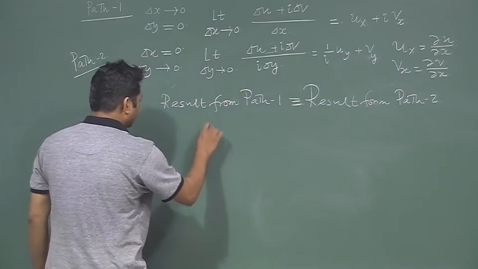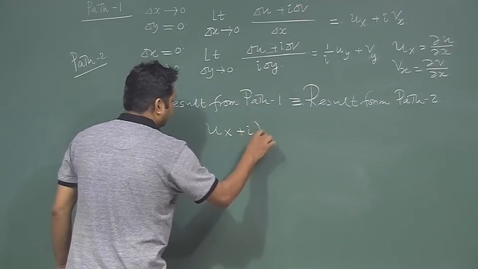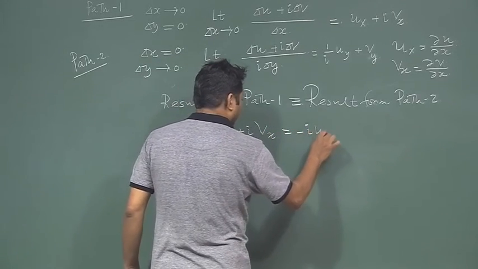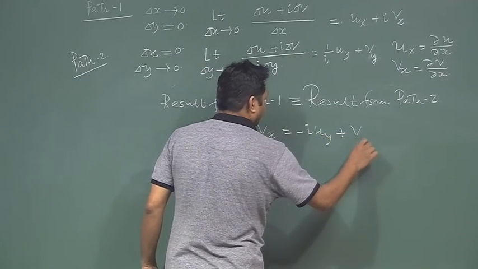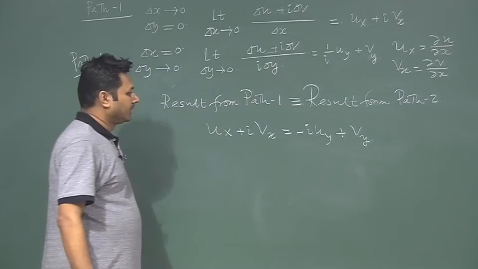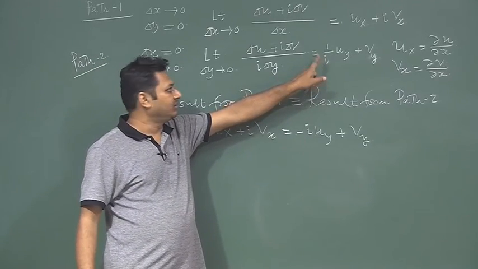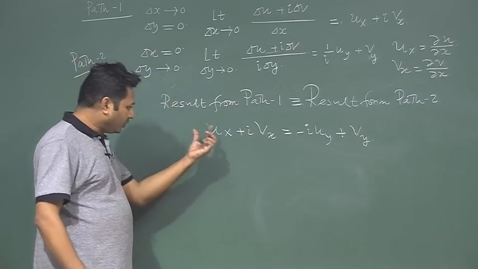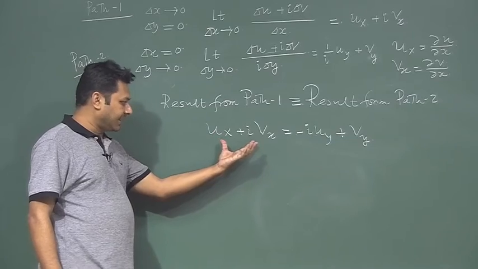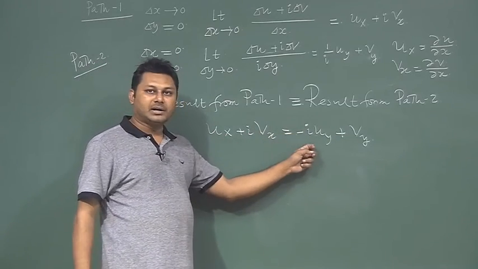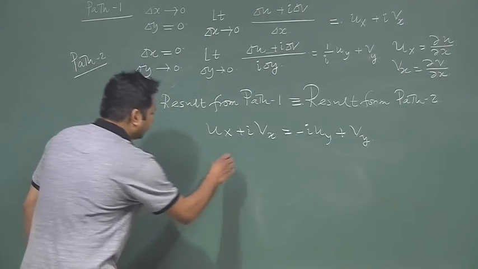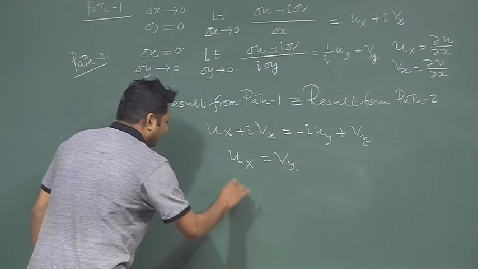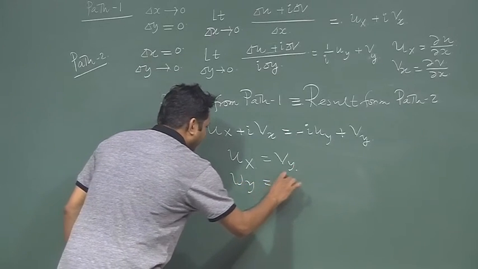So let me simply write the equation: u_x + i v_x has to be equal to minus i (u_y + i v_y). This minus comes because of this i here; I will just multiply by one i and then it comes as minus i. Now I know that if two complex quantities are the same, then the real part and the imaginary part are the same. So if I write this individually, then u_x is equal to v_y and u_y is equal to minus v_x.